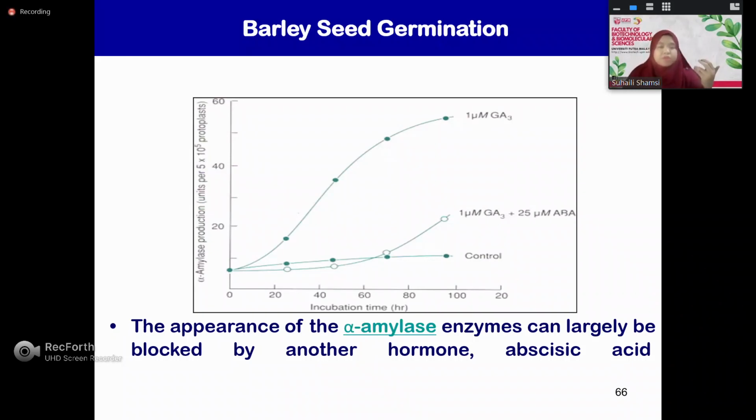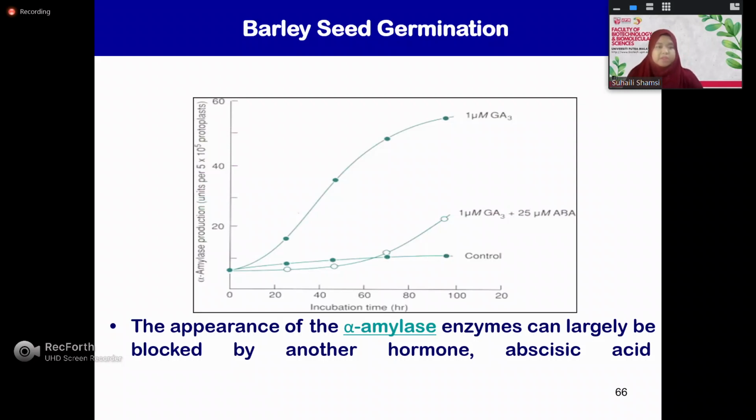So you can see here in the control, the alpha amylase production is at normal condition, no sudden surge, all right? And then when there is a supply of exogenous gibberellic acid at just 1 micromolar, you can see that there is an increased production of alpha amylase.